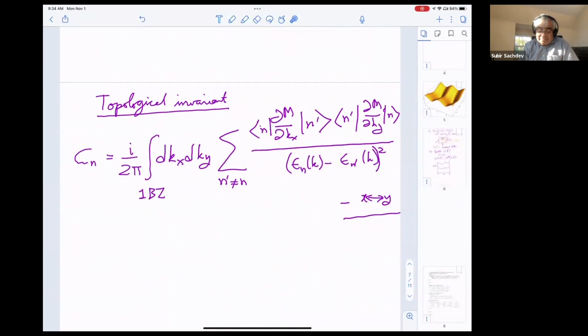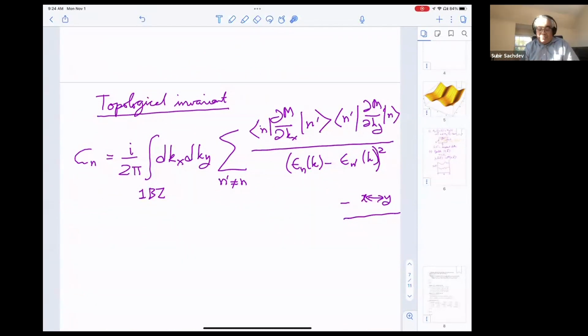Just do a dimensional analysis. The numerator has two factors of M, which is two factors of energy, and the denominator has two factors of energy, that's energy squared. It has one derivative in kx and one in ky, and an integral over kx and over ky.